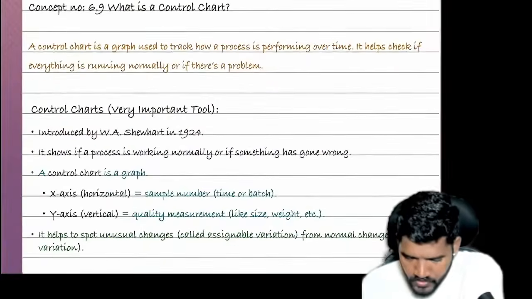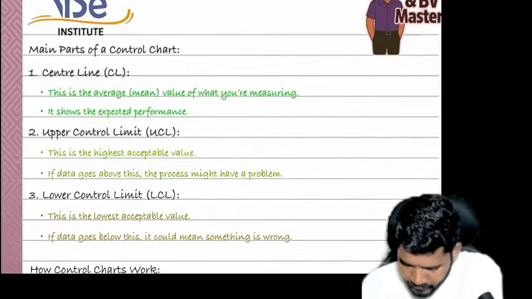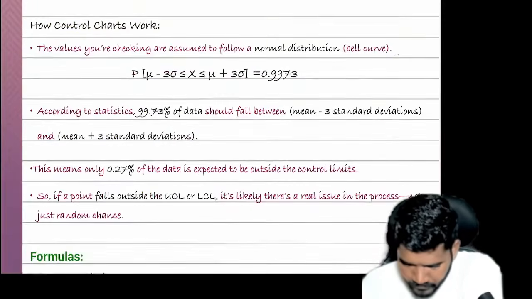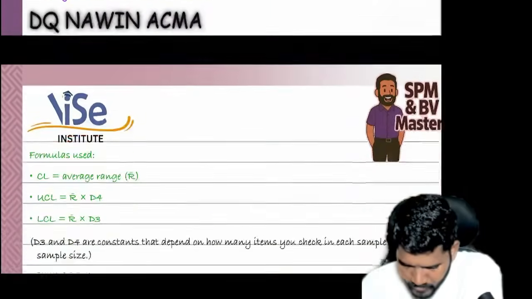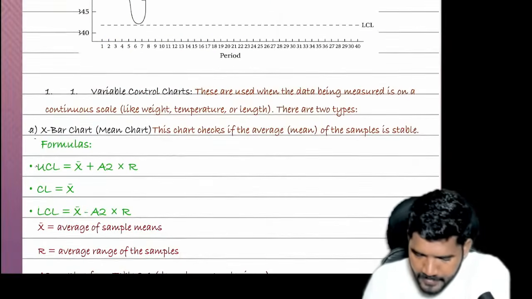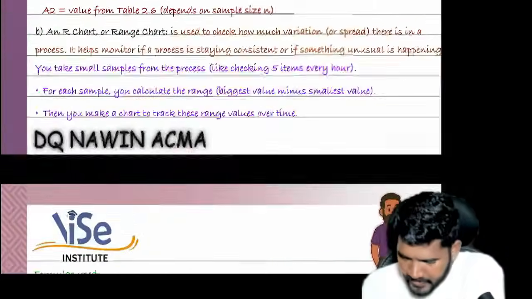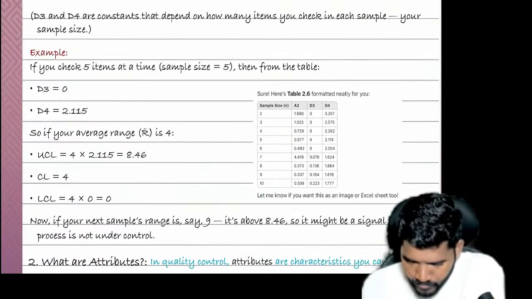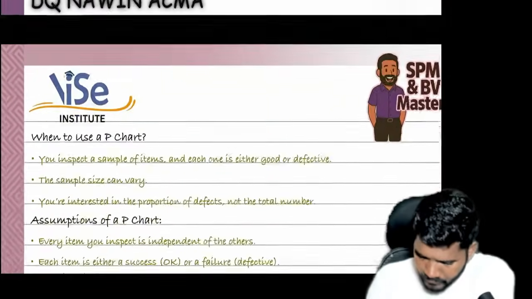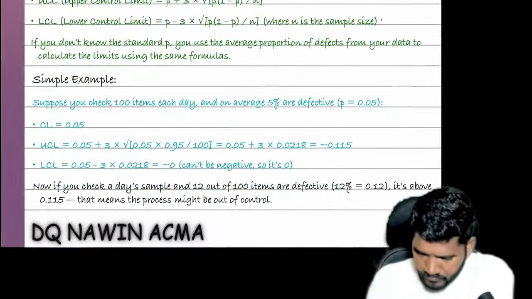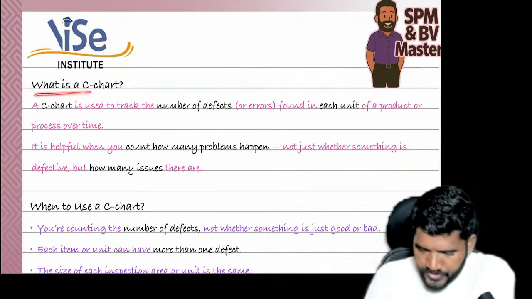Next, I'm coming up with the control chart problems. There are no problems relating to the X bar chart, guys, but there are problems relating to the P chart and the C chart.